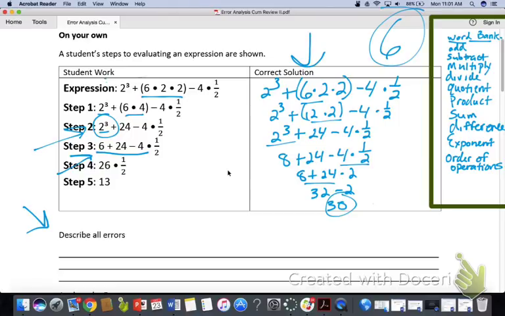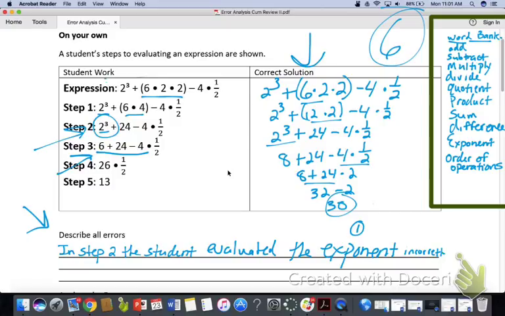So if you look in step 2, the student evaluated the exponent incorrectly. Look at that, I've got number 1. Exponent was one of them. I'm going to put a 1 up there. I'm going to have to write smaller because I've got a lot to write. He multiplied, look at that, that's number 2.